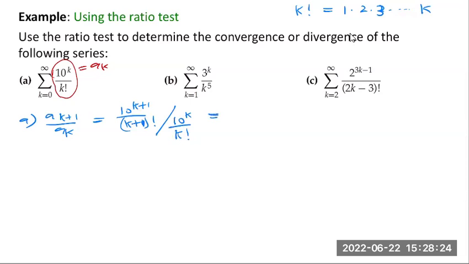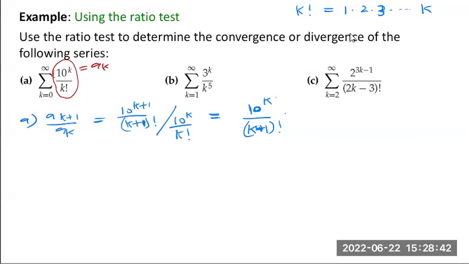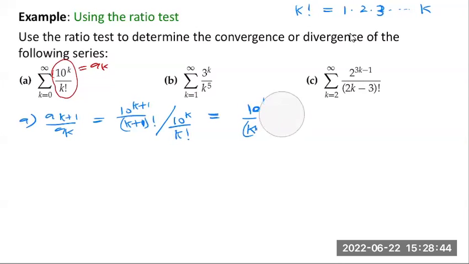Now, if we try to expand this, not expand, let's apply the reciprocal rule. Pardon me, let me make this correction.